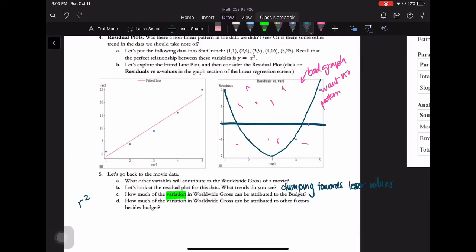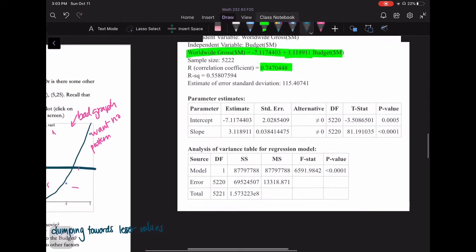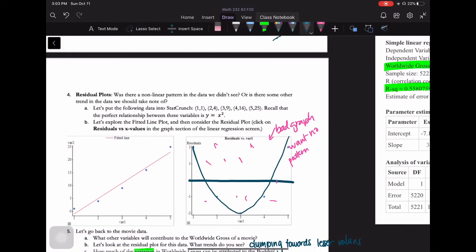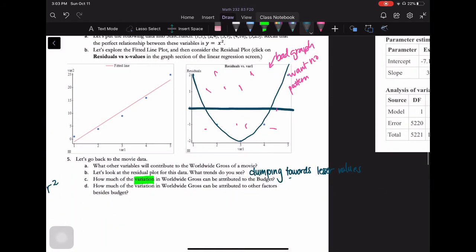Going back to our data to the right here, we have R squared. So that is 0.558, which is 55.8%. So 55.8% of the variation can be attributed to the linear relationship between worldwide gross and budget.